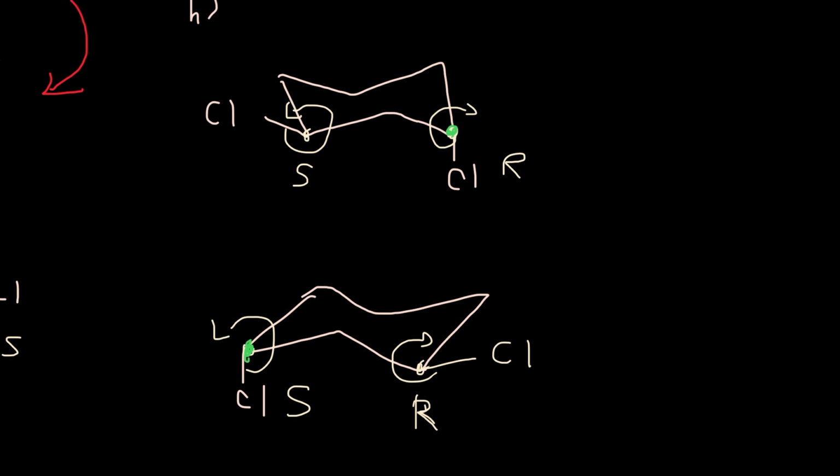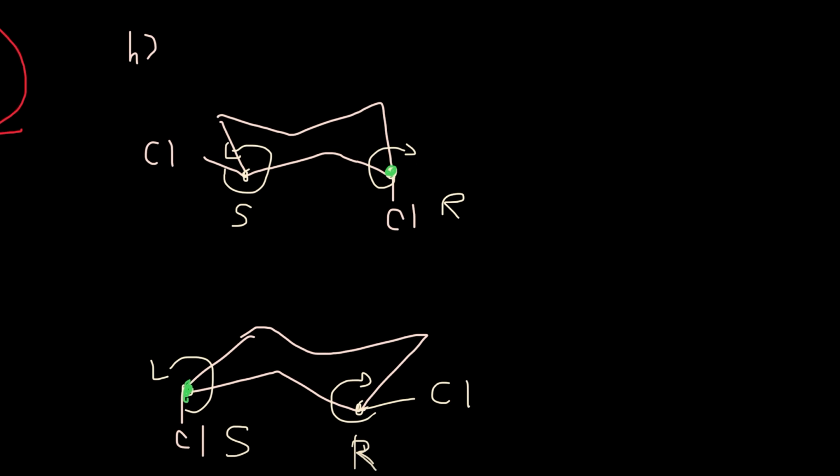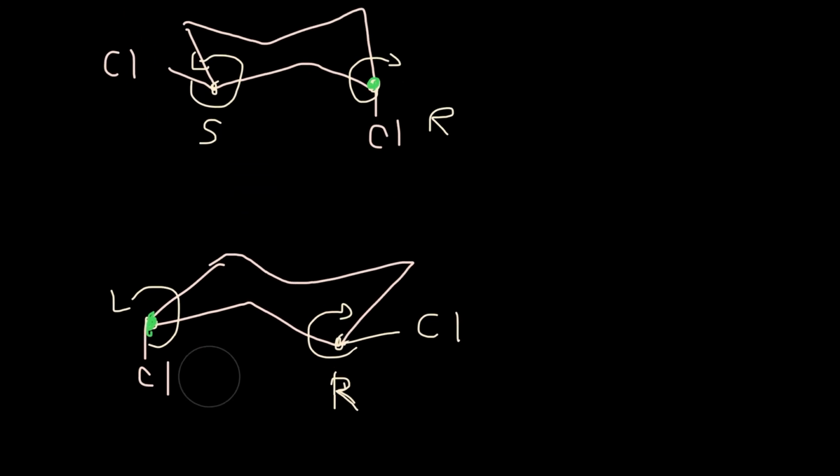You can tell a ring flip because they are in opposite directions or parallel lines. So then here let's give it a reference carbon number. Let's call this one 1 and let's call this one 3 because it's on carbon 3.